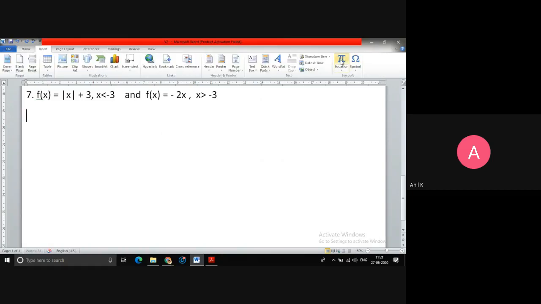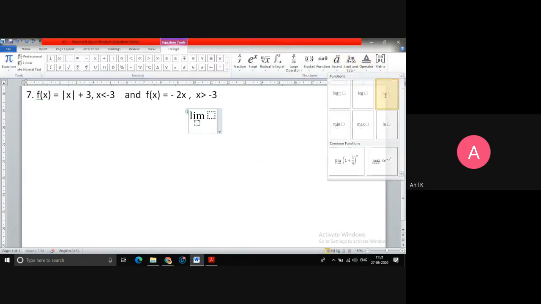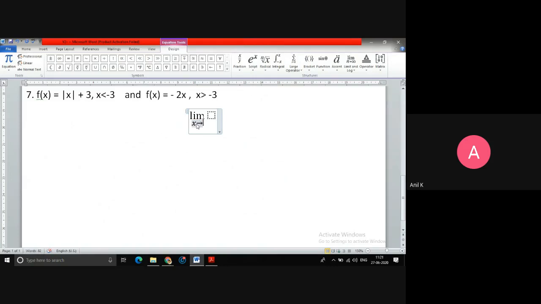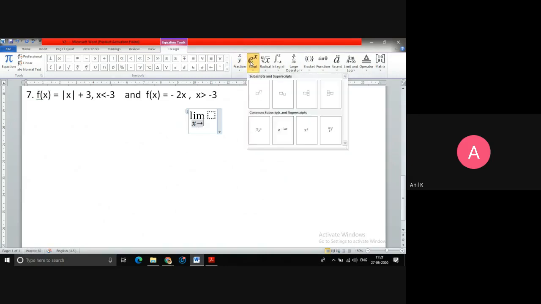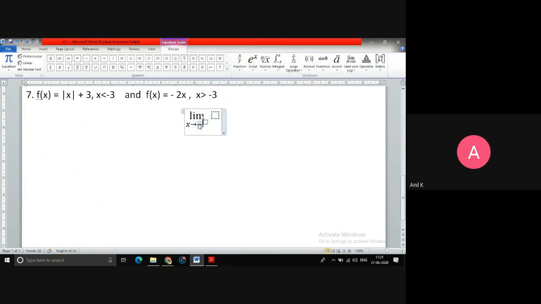So let me go for the limit value of the function. Limit x tends to, first I'll go for left of minus 3. So left of minus 3 will come as minus 3. This is left of minus 3, f of x. If you want, you can write the step like this, one step. Then you have limit x tends to minus 3 minus, f of x. Now here f of x is going to be mod x plus 3.